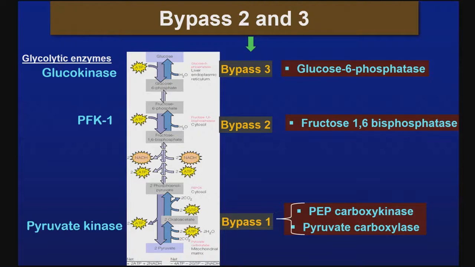But now the next one is bypass 2, which is catalyzed by fructose 1,6-bisphosphatase. Basically, water comes in for hydrolysis to remove the phosphate from position 1, and you have fructose 6-phosphate. Now you have a mutase here. The fructose 6-phosphate is converted to glucose 6-phosphate, and that reaction also is reversible.